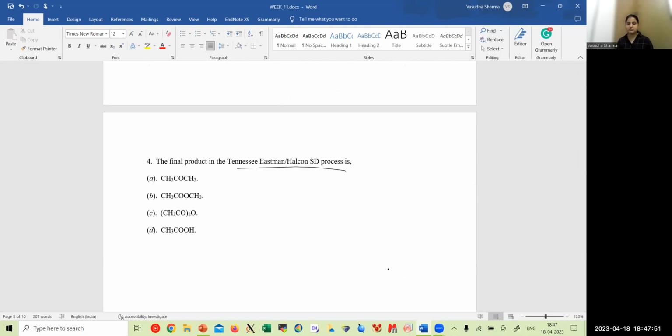So we saw two processes. One was the Monsanto acetic acid process.